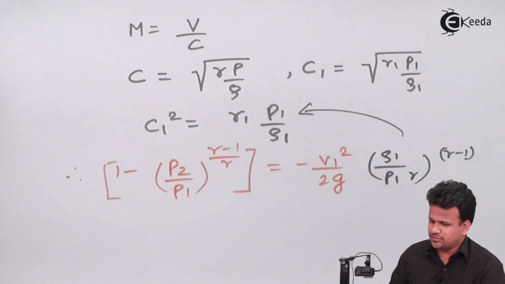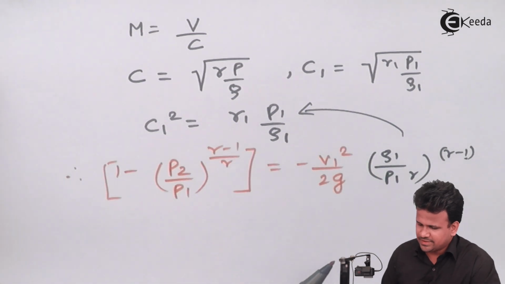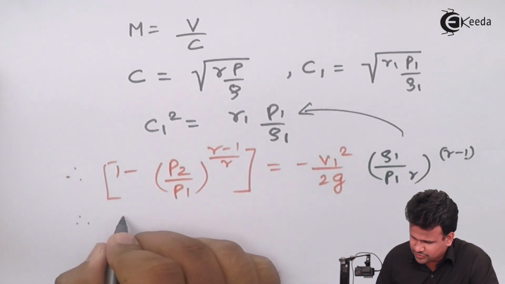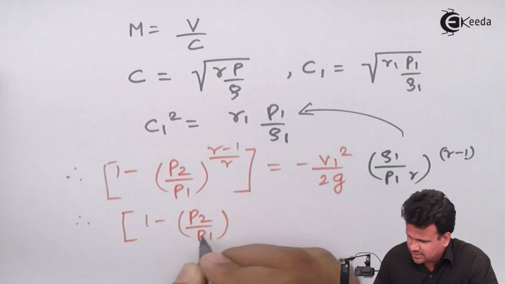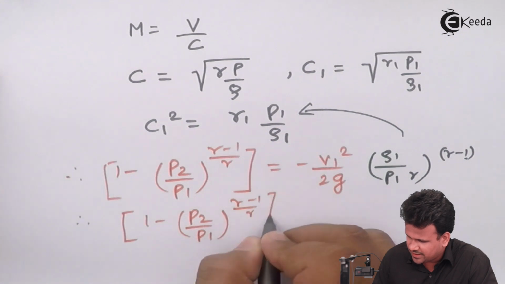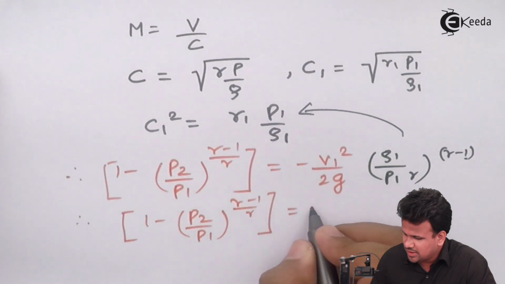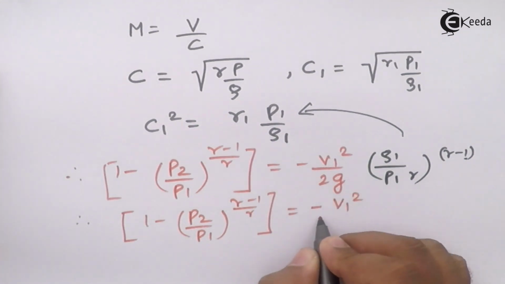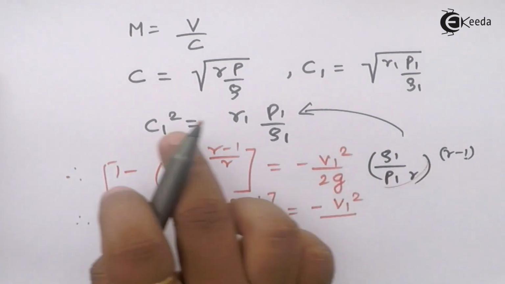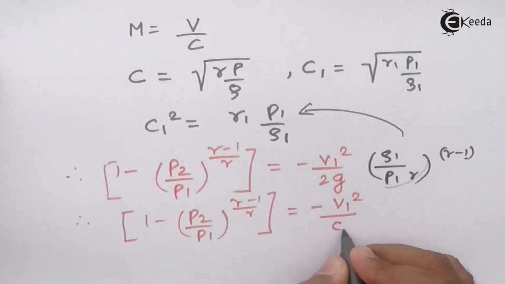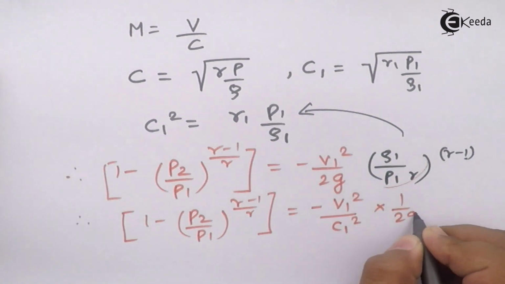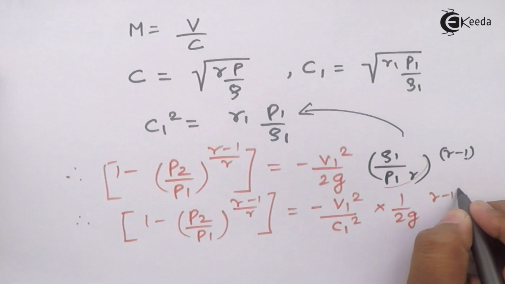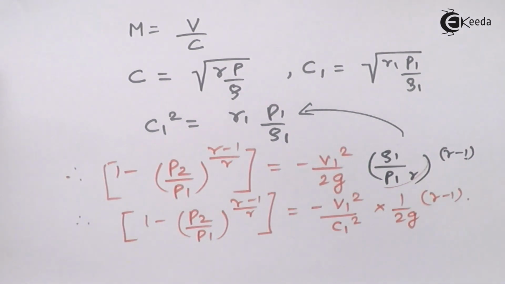So let us convert this into a Mach number. This will be equal to minus of V1 square upon C1 square, into 1 upon 2g into gamma minus 1, that will be a constant.